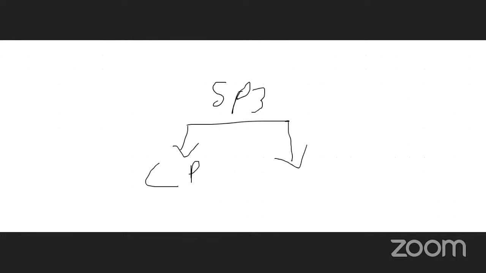I hope my whiteboard is visible. Right? So what SP3 architecture says, basically it has two things. First one is control plane. Sorry for that. First one is control plane. Okay. Then second is called data plane.